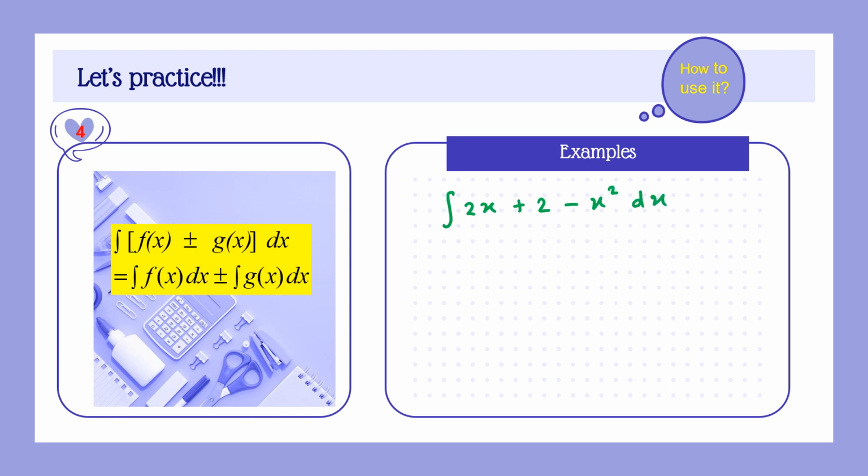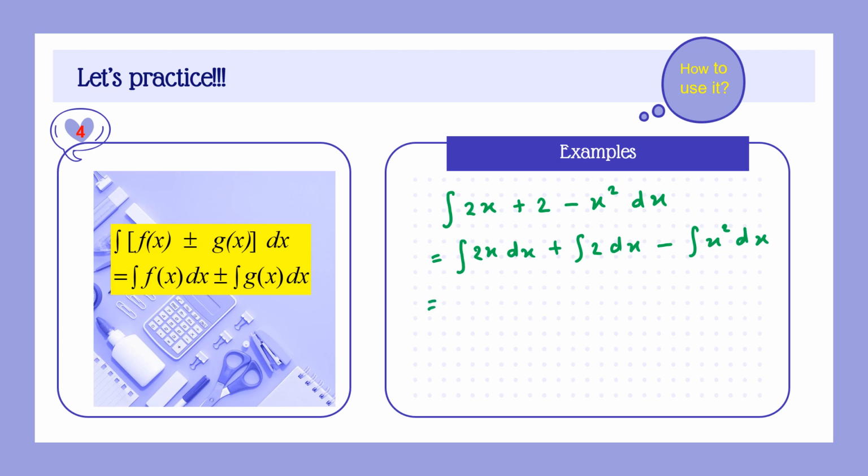We can integrate one by one, since we have plus and minus. And also we can split into 3 parts. So we can split into integrate 2x dx plus integrate 2 dx minus integrate x squared dx.